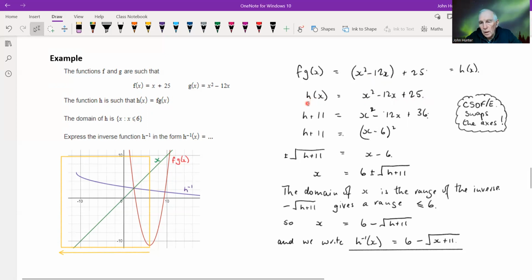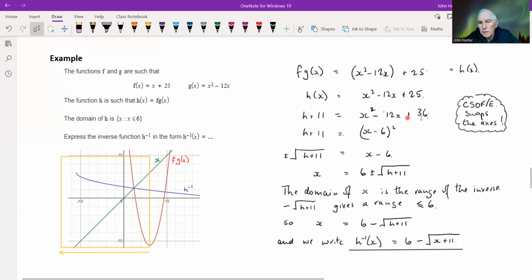Now we've got to change the subject of the formula if we're going to find the inverse. That's a process I mentioned a few moments ago. In order to do that, not completely obvious, but we need to complete the square here.